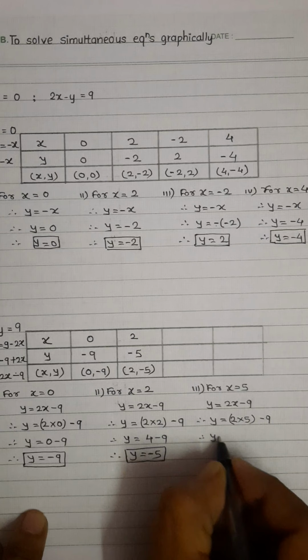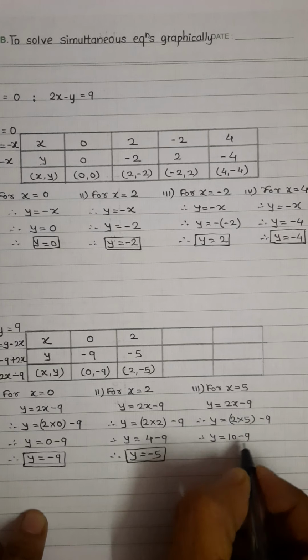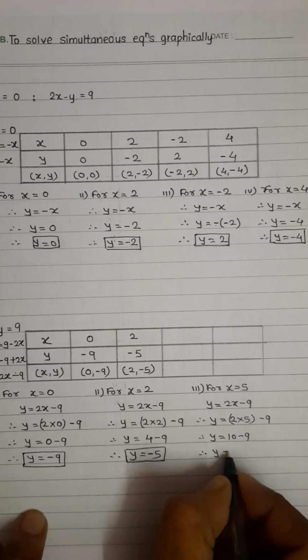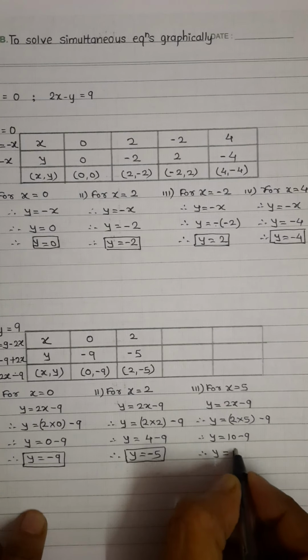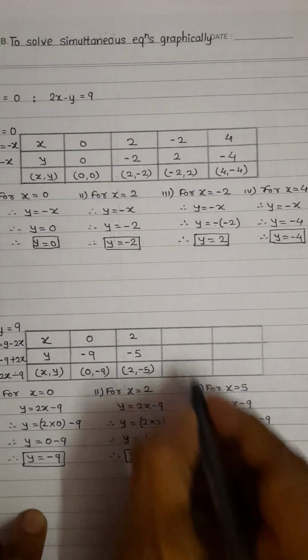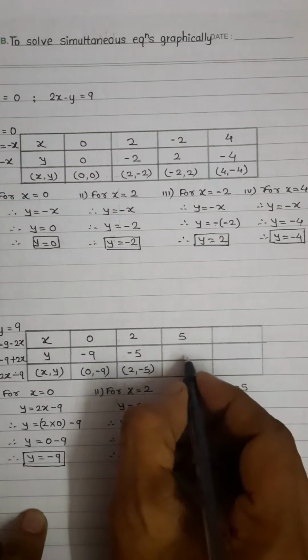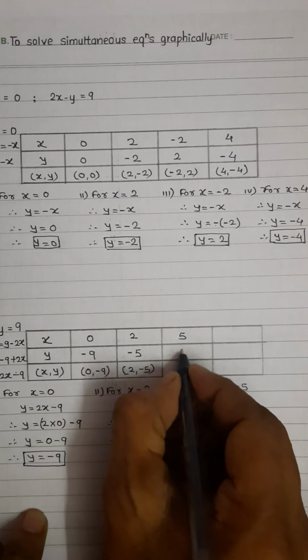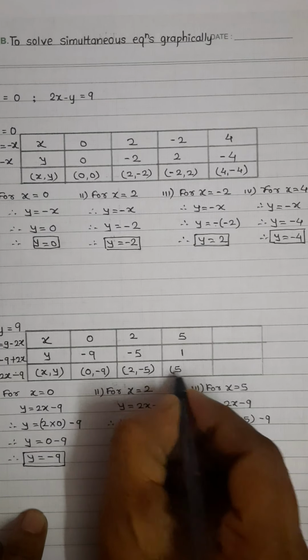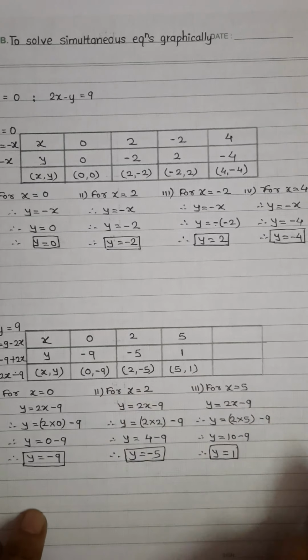Therefore we get y is equal to 10 minus 9. Therefore y is equal to 1. Therefore when x is equal to 5, y is equal to 1. Therefore the ordered pair is (5, 1).